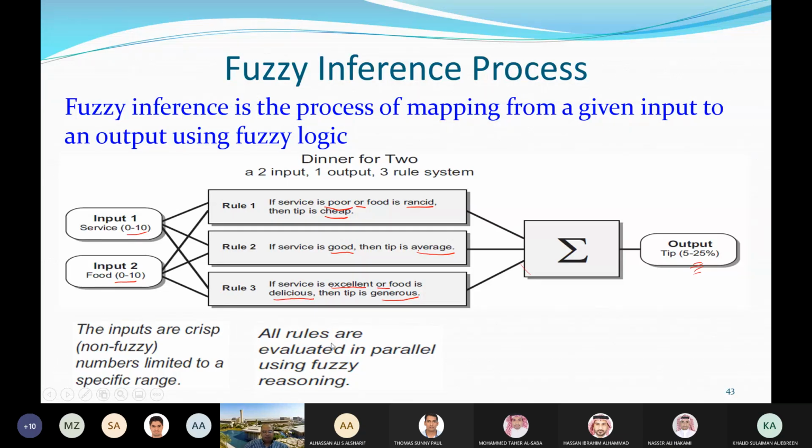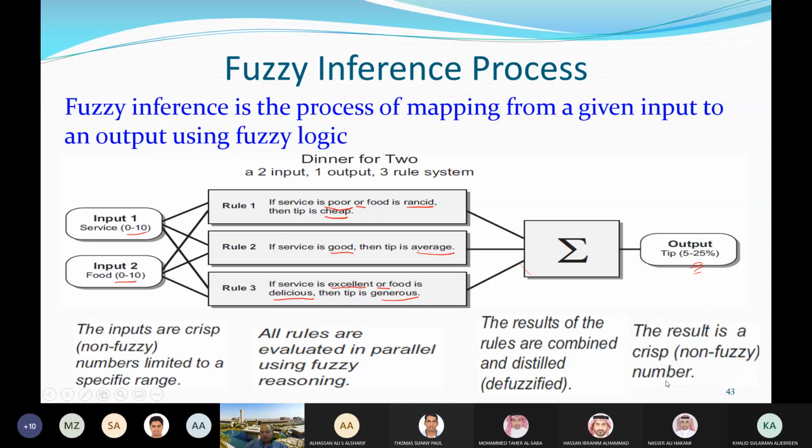This is the second step. The third step is the results of the rules are combined and distilled or defuzzified, and at the end you get the output, which is the numerical value, non-fuzzy, crisp value here for the output.